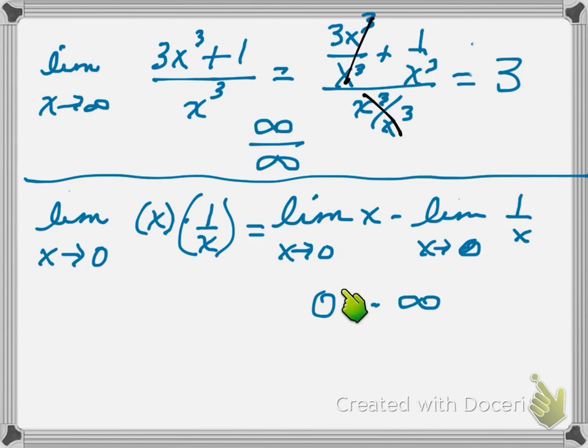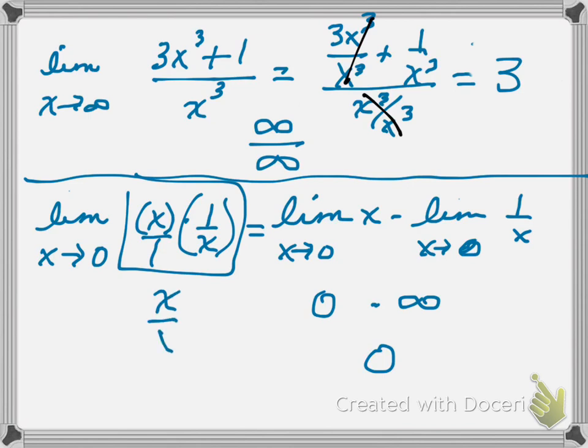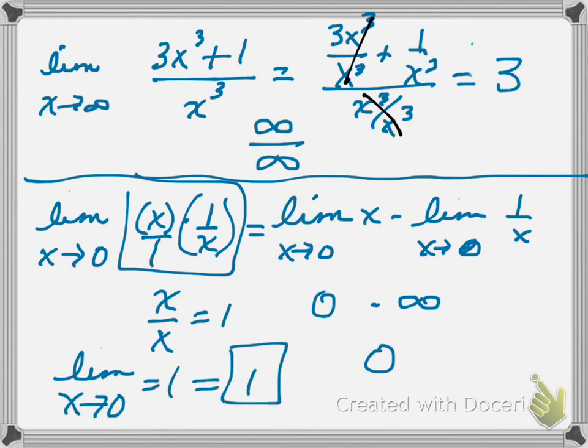And most people would think that 0 times infinity would give you 0, because 0 times anything is 0. But if you go back to this original function and think about it, you could simplify this. If you take x over 1 times 1 over x, you get x over x, which is just 1. So I know the limit of any constant is just itself, so I know the correct answer to this is 1. It can't be 0. So that's another great example of why this is considered an indeterminate form.